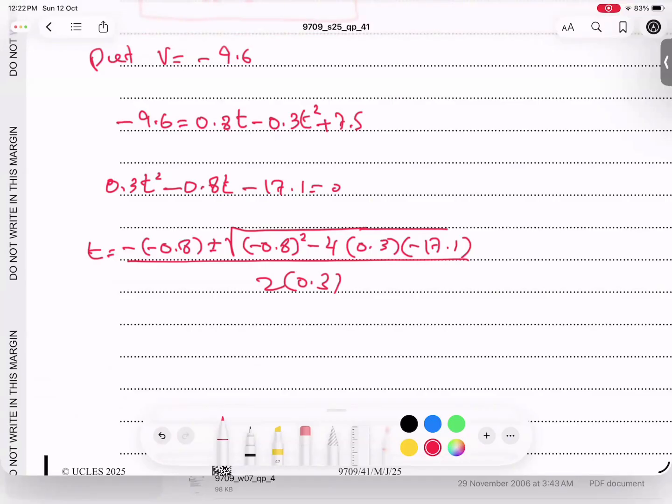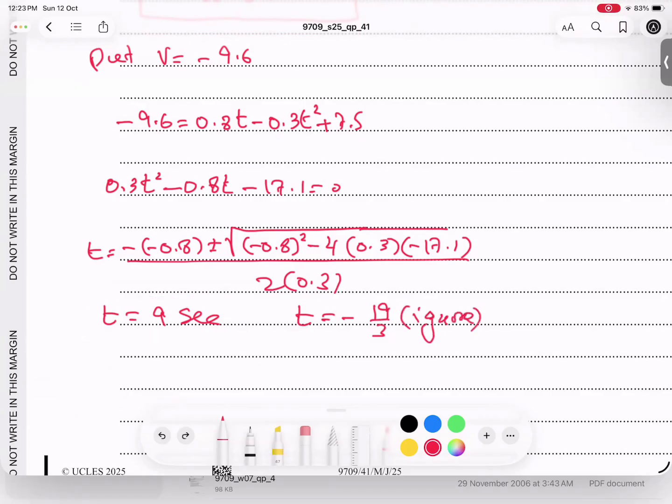And the first answer I got is 9 seconds. The second answer I'm getting here is negative 19/3. This we ignore, and this is my answer.